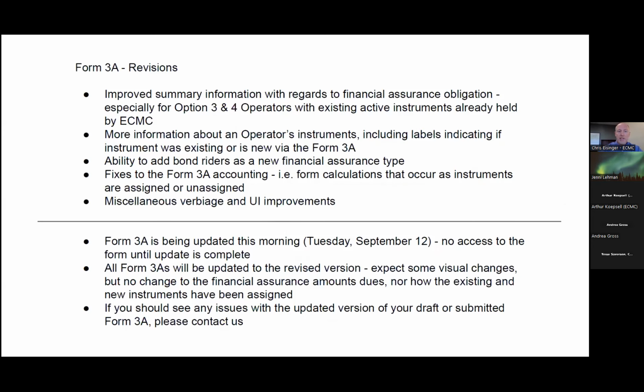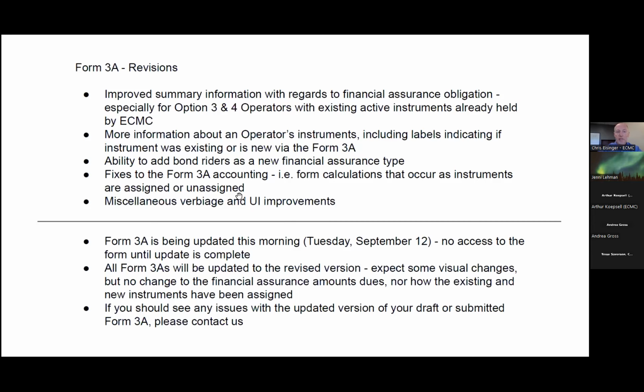The other thing that we made a change was just more information generally throughout the form, including showing if it's an existing or new instrument. Sometimes it gets hard to keep track of that. So now it's clearly indicated whether you're working with an existing financial assurance instrument or working with a new one you just add to the Form 3A.